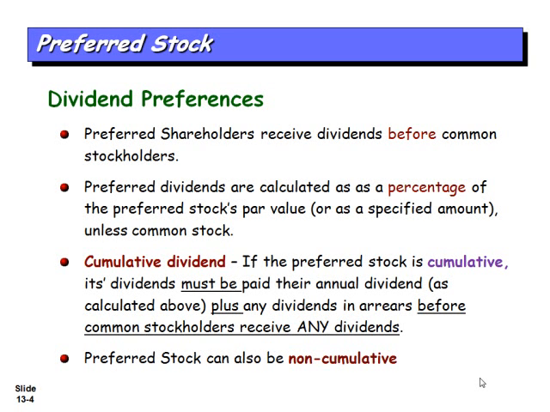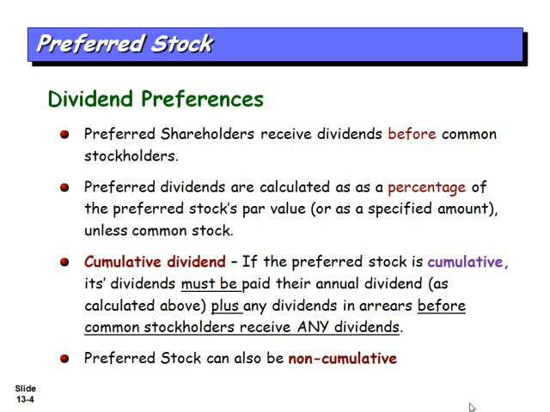Preferred dividends are calculated as a percent of par value, and you need to learn a new term, which is cumulative dividend. All dividends are issued at the discretion of the company. There is no legal obligation to declare a dividend. But in the case of cumulative preferred stock, its dividends must be paid first.